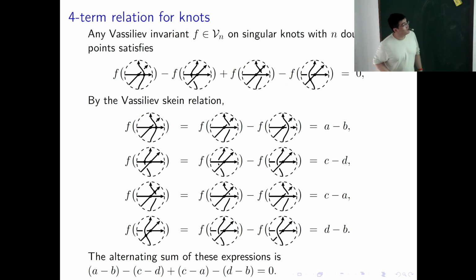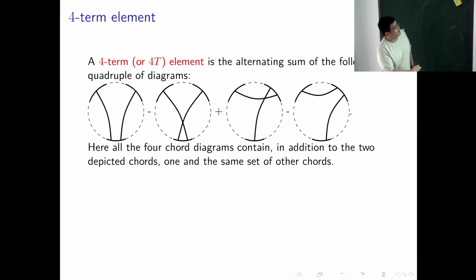There is a four-term relation for knots, because if you want to recover a knot invariant from a function on singular knots, you have to satisfy this four-term relation. This relation can be easily proved by following the equations. This four-term relation for knots, you can rewrite on chord diagrams.